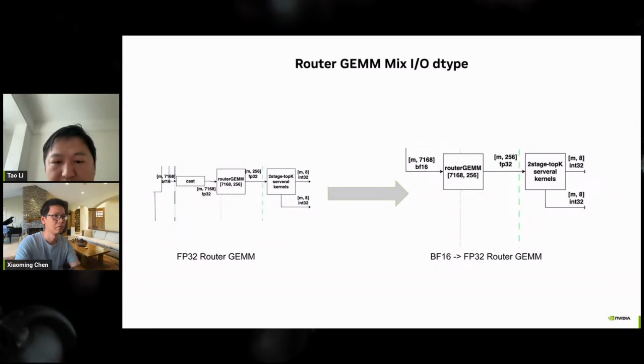Also, after we changed the IO type, the GEMM itself can be done using the BF16 tensor core instead of the FP32 tensor core, which can also benefit in the FLOPS.